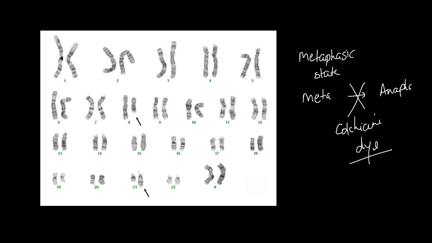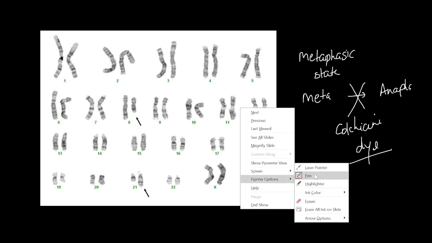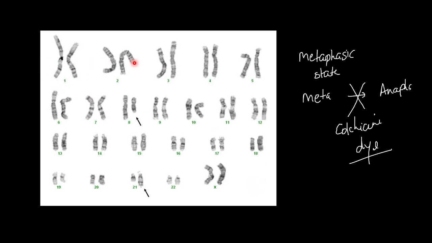So in the case of karyotyping, you can see that in G staining, the chromosomes were scattered. They were not in pairs. But in the case of karyotyping, you can see the chromosomes are arranged in pairs, and we do it using certain software.